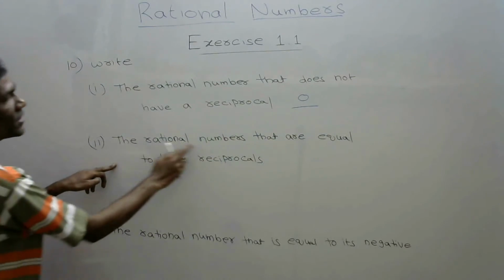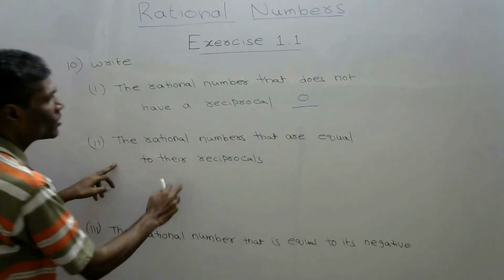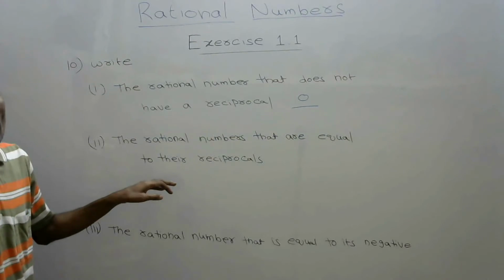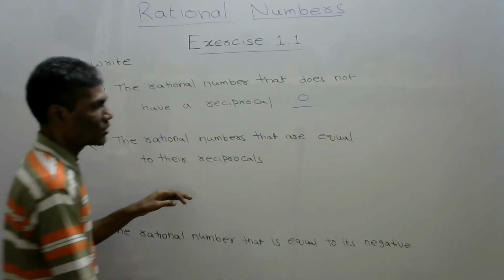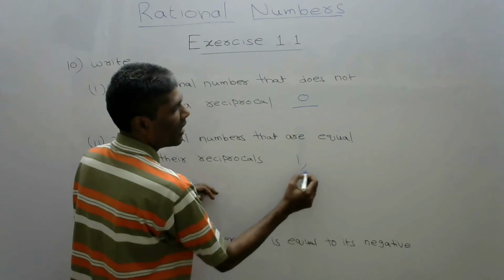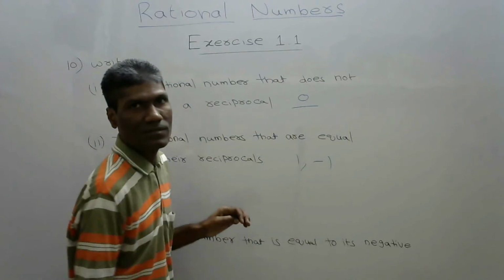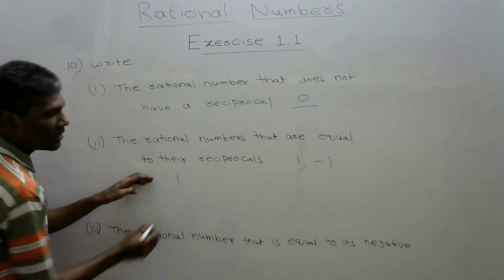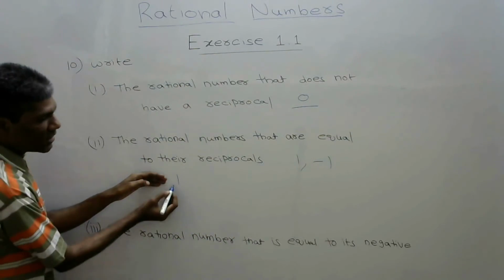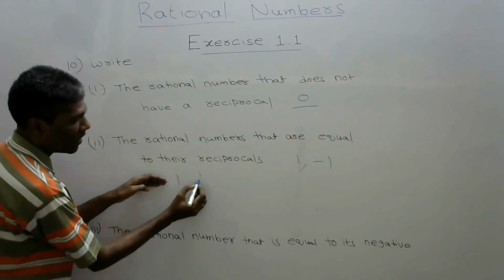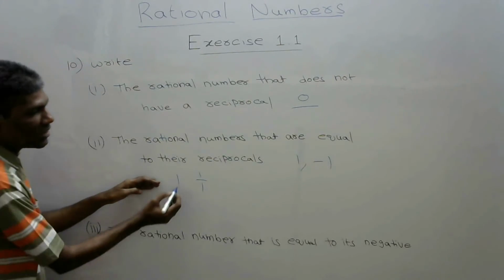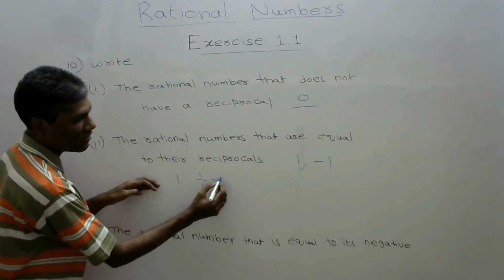Second, the rational numbers that are equal to their reciprocals. We have two numbers like that. Those are 1 and minus 1. The number is 1, and what is the reciprocal of 1? 1 by 1. The value of 1 by 1 is 1.